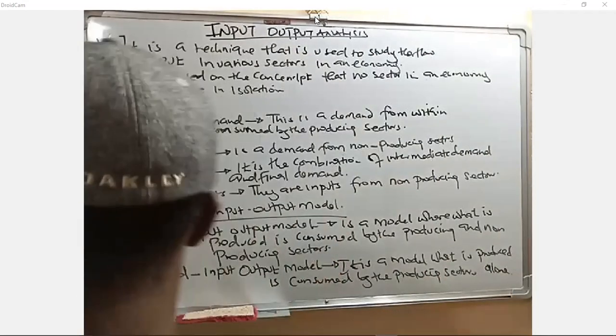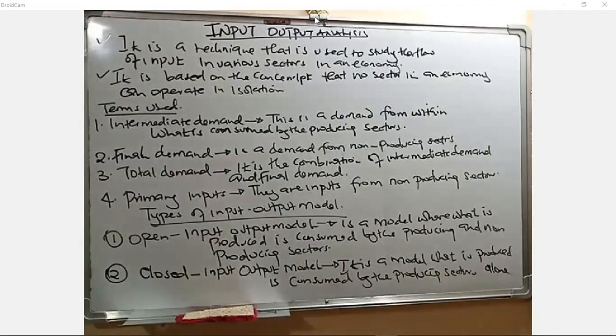Now, it means that you have to look at what the purposes of the input-output model are, and later on, you will be able to see the assumptions of the input-output model. I will share those with you later.